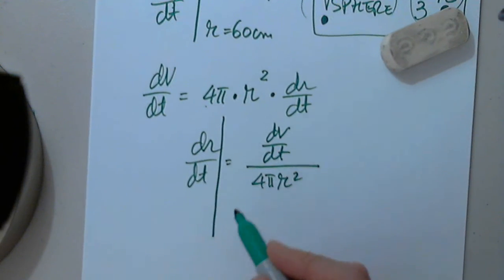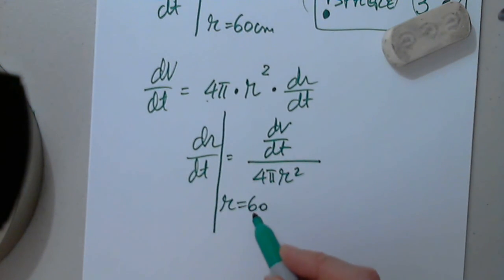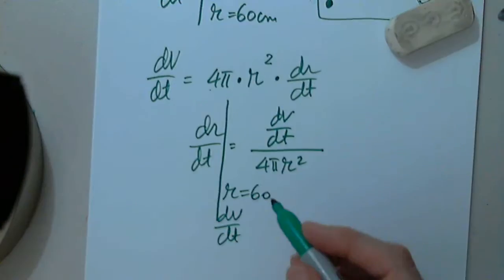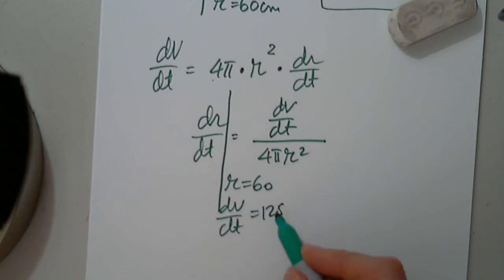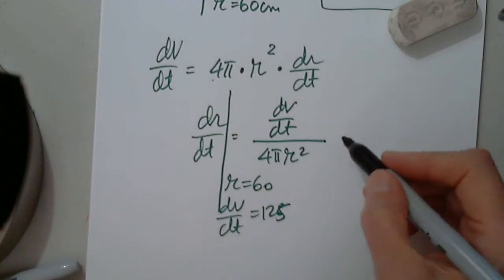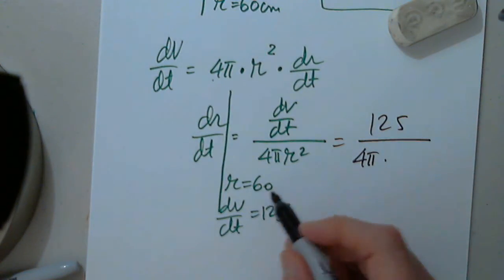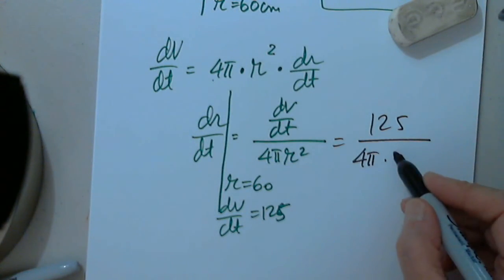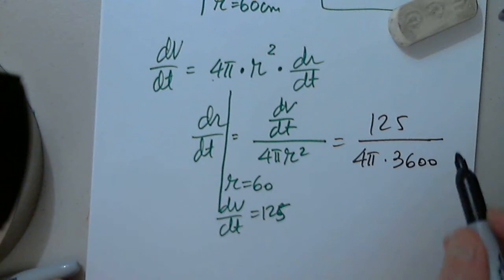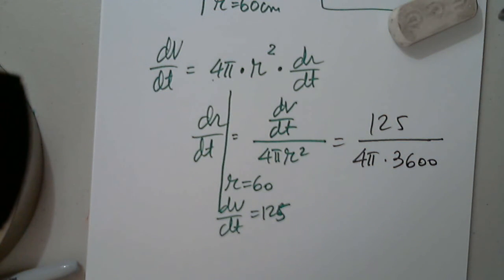Now, okay. When r is 60 and dV over dt is 125. Piece of cake. 125 at the top, 4 pi, radius 60 squared, 3600. We divide and be prepared for the measurement unit.